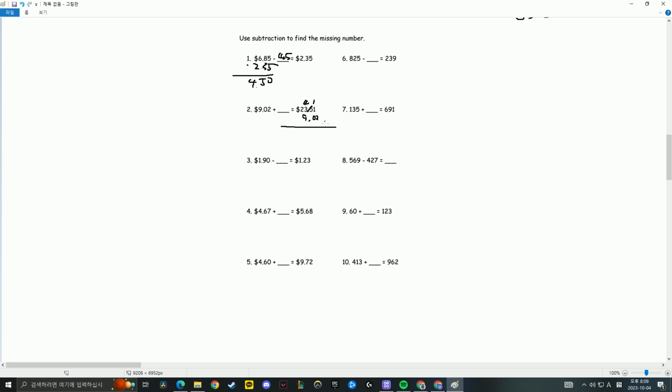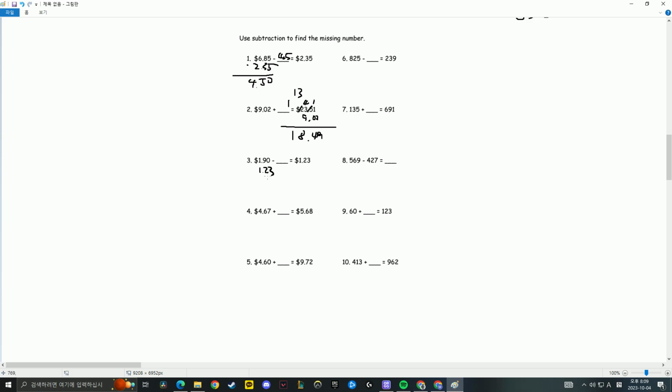4, 11 minus 2 is 9, and 4 minus 0 is 4. 3, borrow that. 13 minus 5 is 8, and bring down the 1, that's 18.49, and 1.9. It's minus, it's getting smaller, so we're subtracting right here.